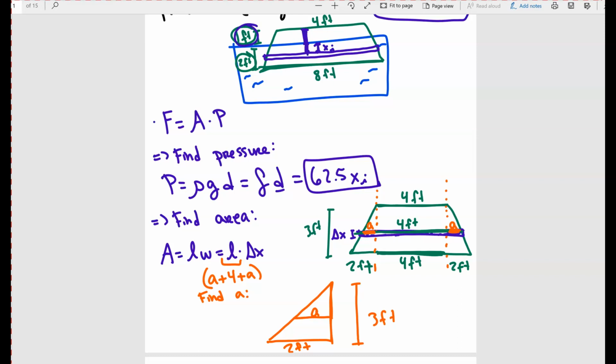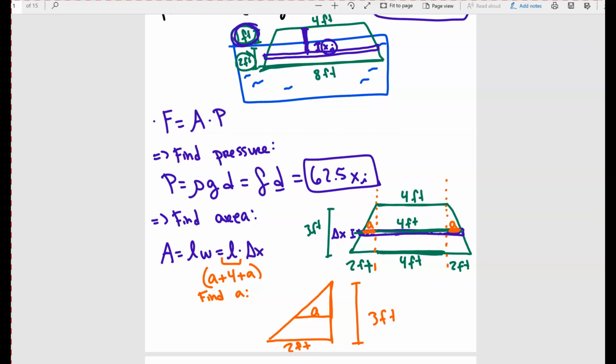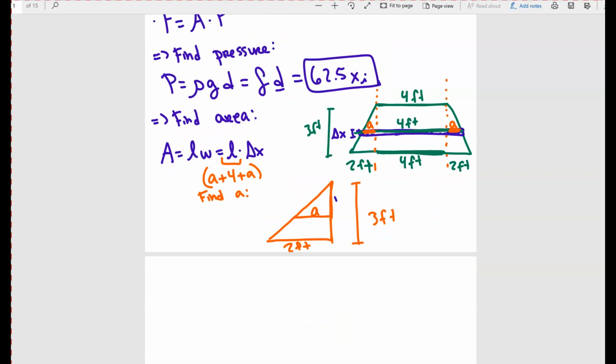So this whole thing is going to be xi plus 1. So that means the bottom part should be 3 minus (xi plus 1). I'm going to write it over here because I'm running out of space. It's going to be 3 minus (xi plus 1). That's basically what that is.